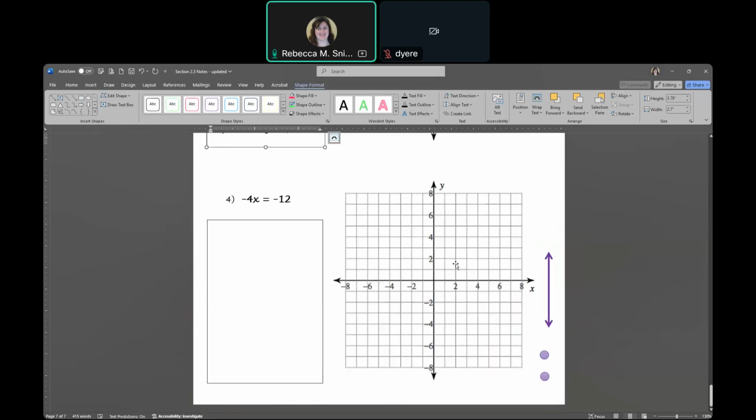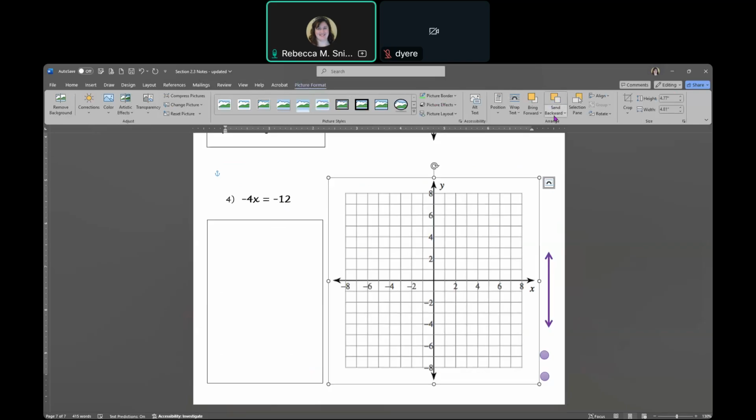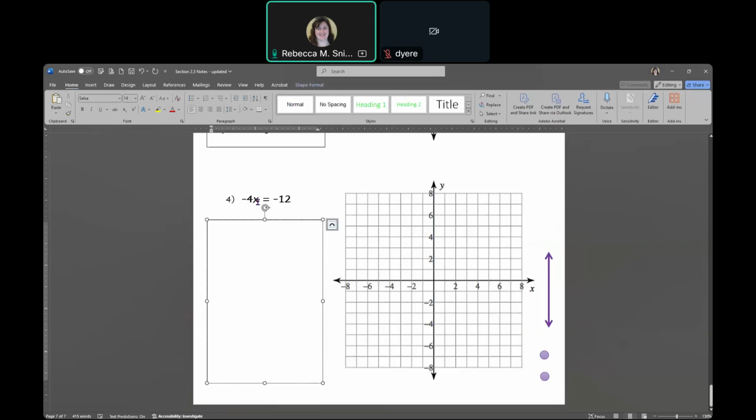This second case here is your other. This one is your vertical case. And I know that it's the vertical case because the only variable I have is the x. So my vertical case simply means that the only axis the line will cross is the x-axis.